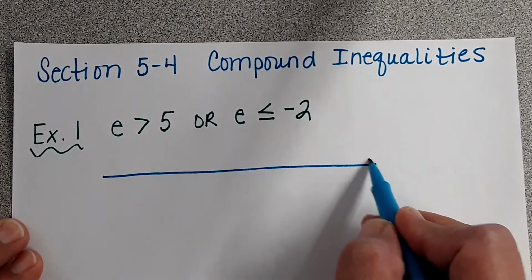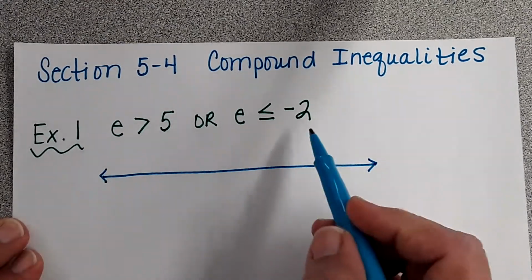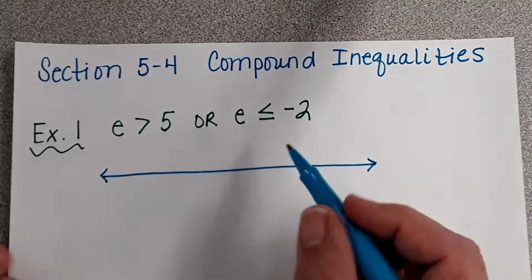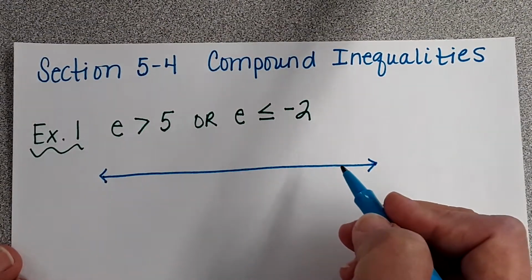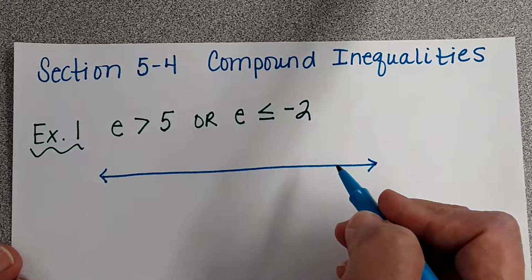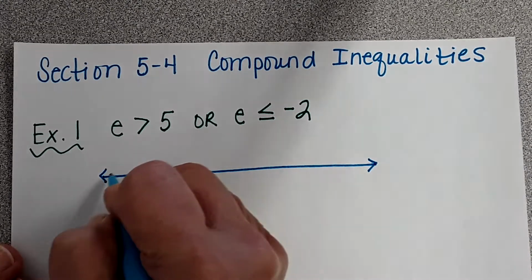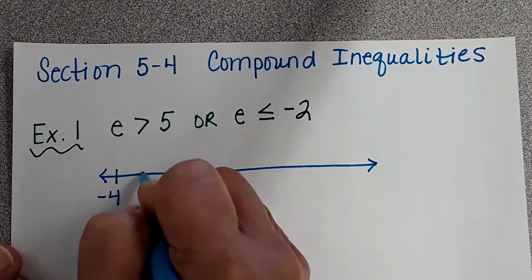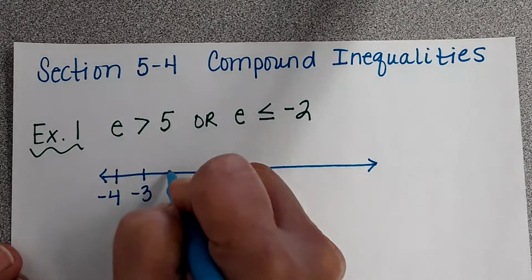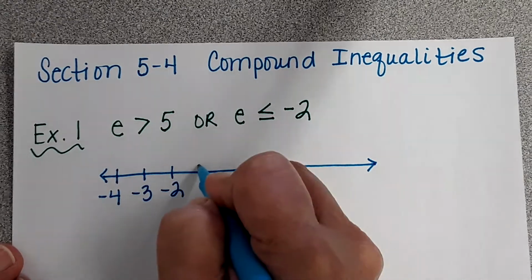But our number line has to be pretty extensive, right? So let's see if we can go from -4 to 6.